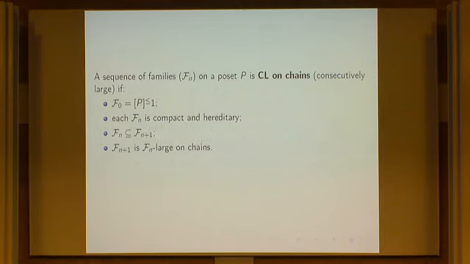So now I have a sequence of families, and I say it is consecutively large on chains of the partially ordered set P if the first family is just all the singletons, and then each family is compact and hereditary, because I want to define norms using this family, so I have to keep that. The sequence is increasing, and each one is large with respect to the previous one.